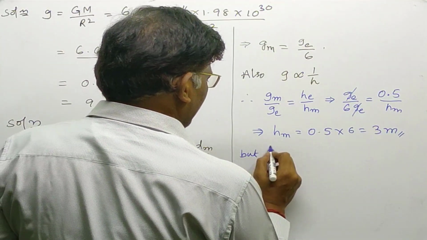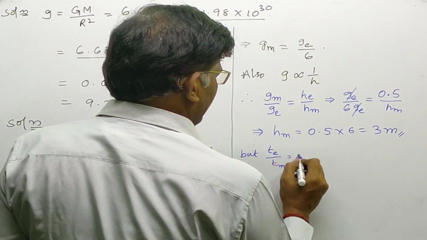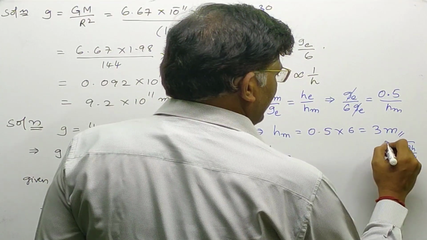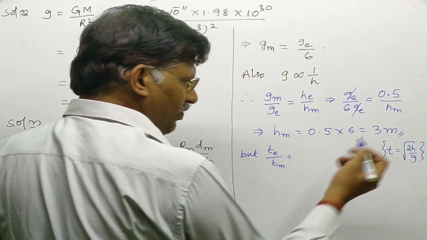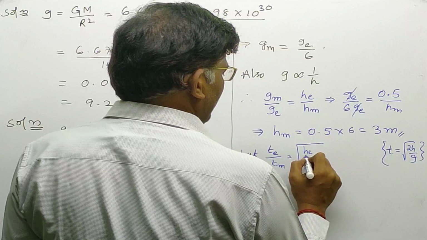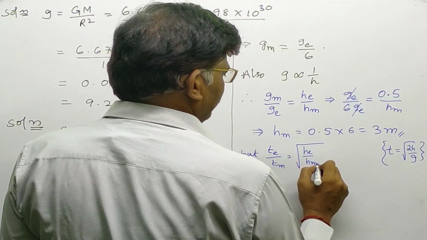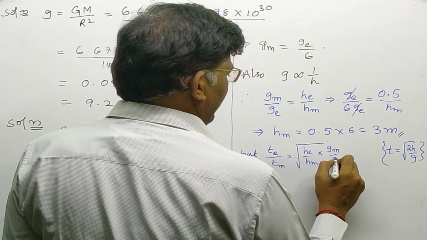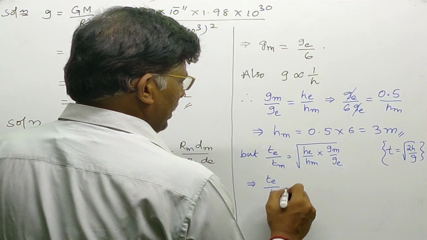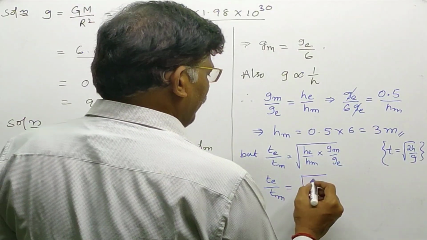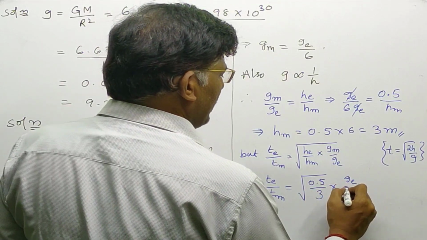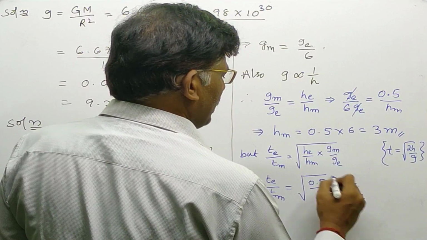Now the times ratio TE by TM is equal to, we know that time of ascent or time of descent is the square root of 2h by g. So 2 is constant, and we can write it as the square root of HE by HM into gM divided by gE. That implies TE by TM is equal to the square root of 0.5 by 3 into gE by 6 gE.